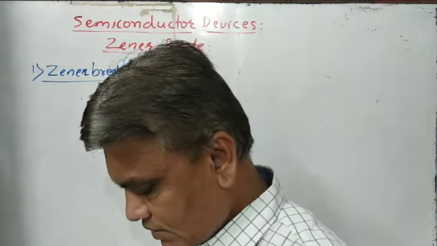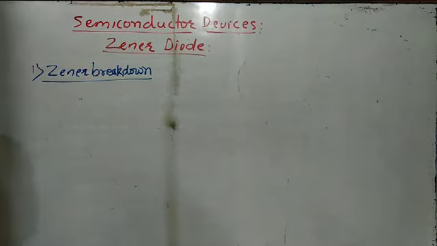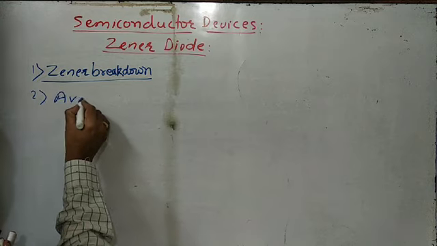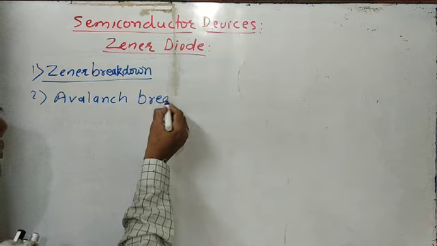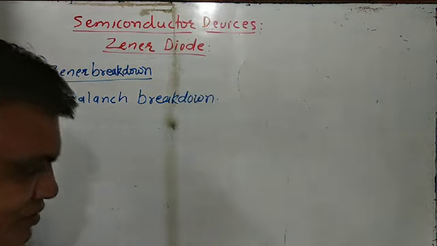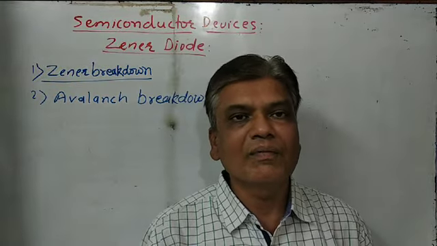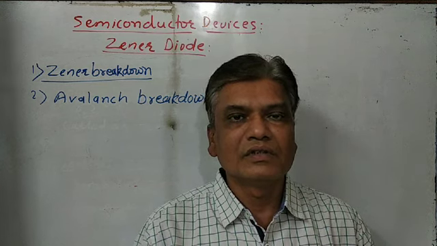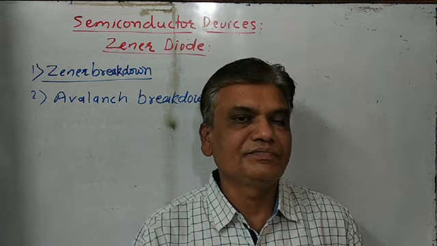Now the second is avalanche breakdown. In avalanche breakdown, if we apply a reverse voltage, then there are free electrons in the diode.